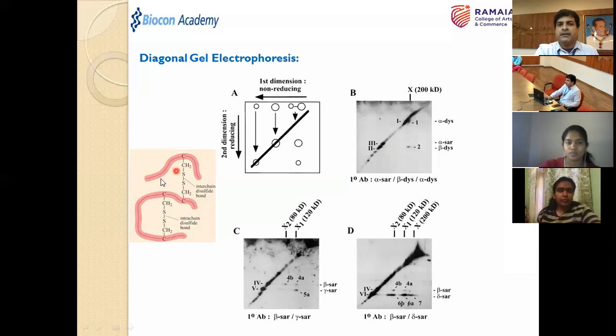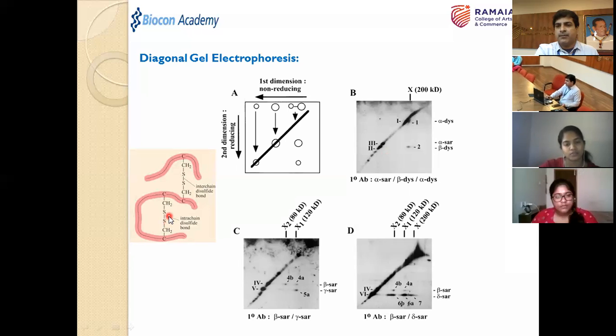Cysteine, as you can see here in the depiction. The cysteine bonds are very important for the quaternary structure of the protein. These are responsible for the quaternary native structure. So you have the connection within the monomers, that is intra-disulfide bonds, and inter-disulfide bonds are responsible for connecting different polypeptide chains in a multimeric quaternary native structure of the protein.